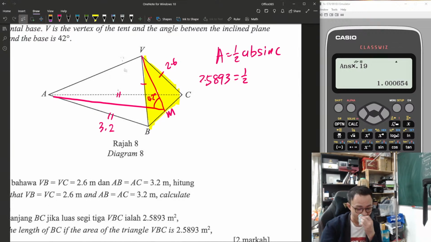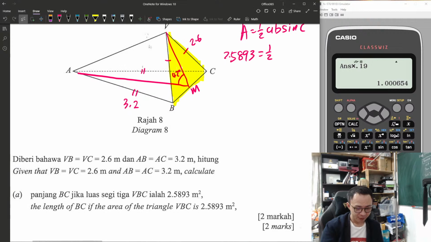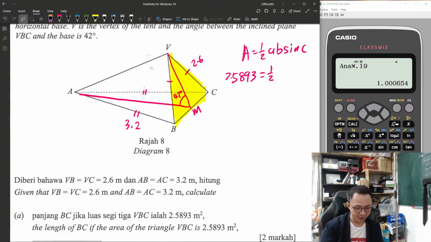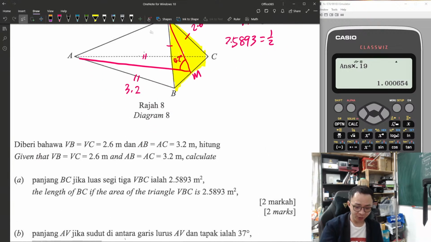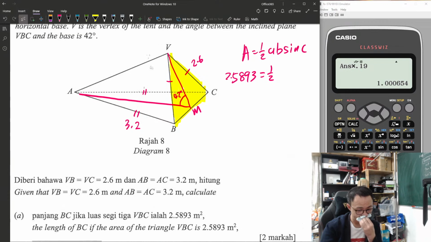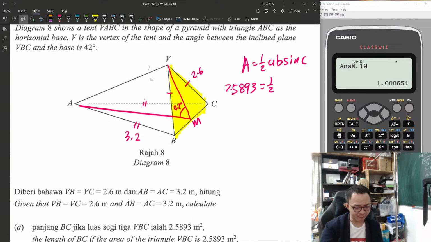Oh my god, do I have any angle? Find the BC. We don't have any angle, right? For VBC we only have 2.6, 2.6.